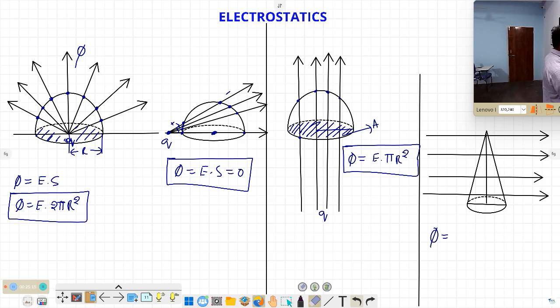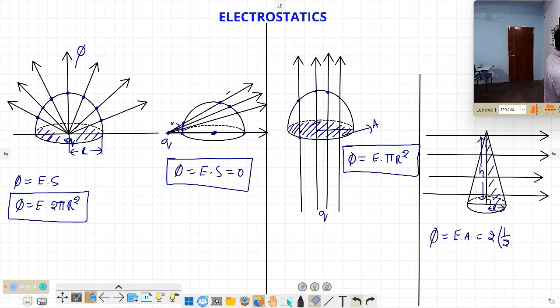Now, if r is the radius of the cone and h is the height of the cone, the total area, according to flux, we can write E into area. But the total area we can divide into two right angle triangles, so 2 times half into base into height is the area.